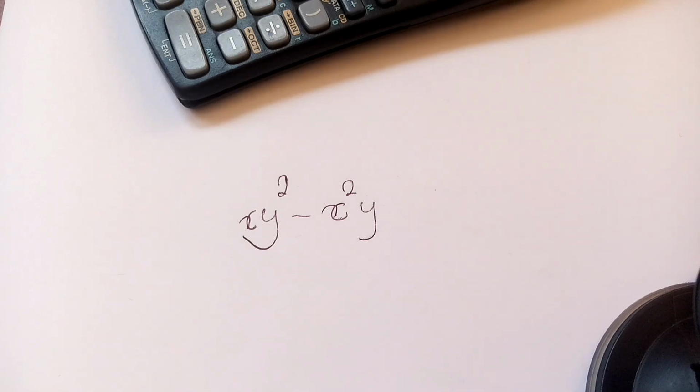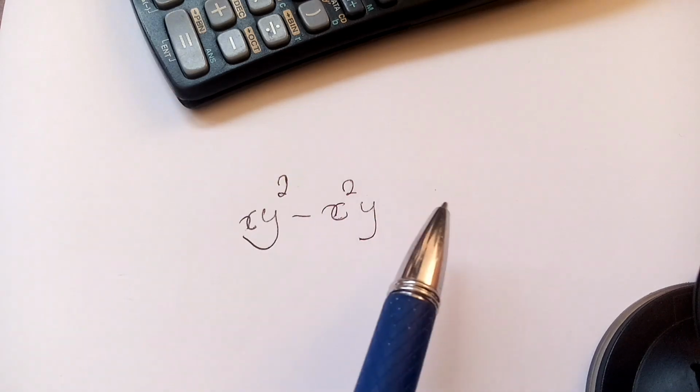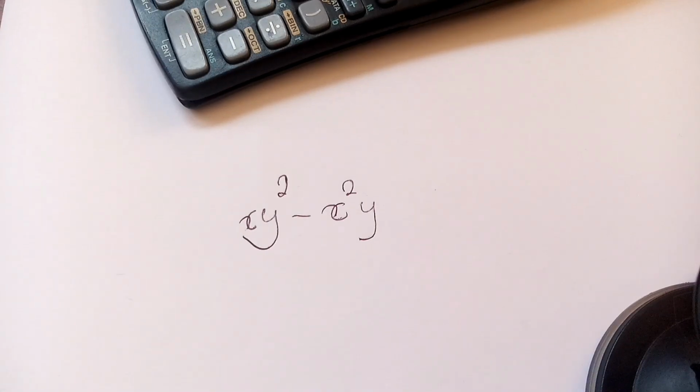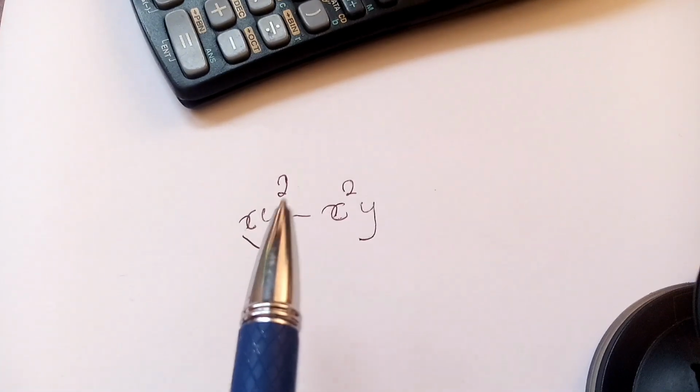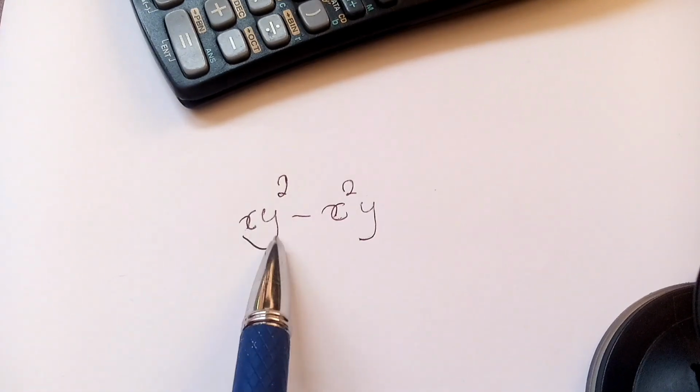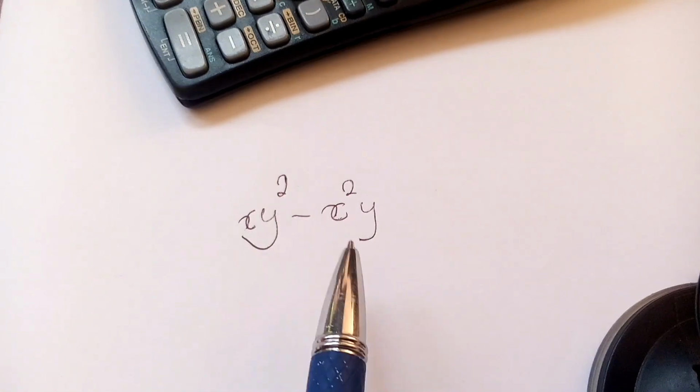Note that both terms have x and y, and in such a case, the product of x and y becomes the common factor. Here we have x, here we have x squared, we have y squared, we have y. So the common factors between the two terms are x and y.